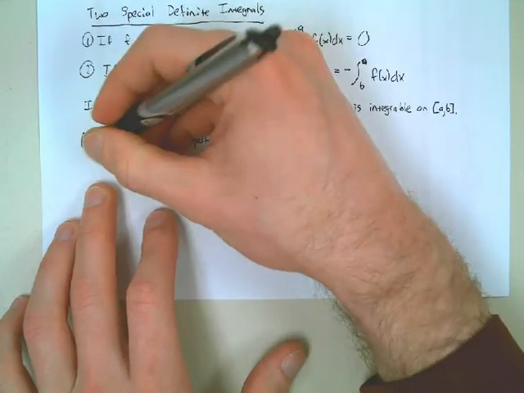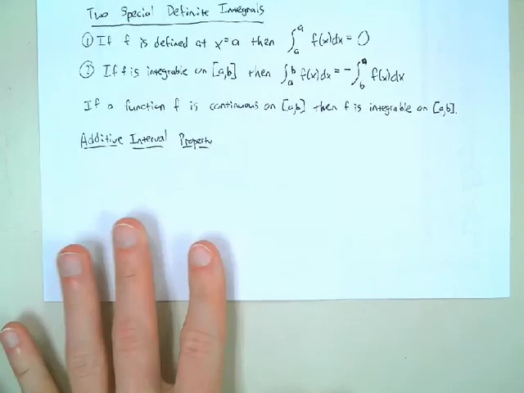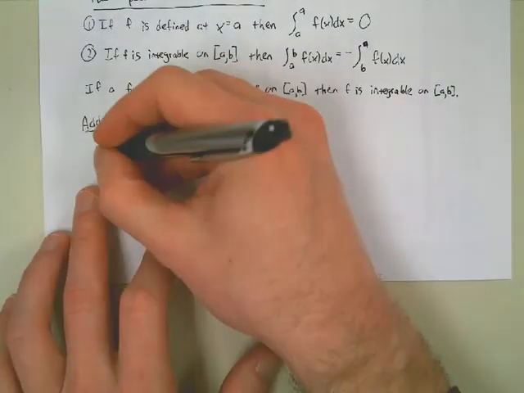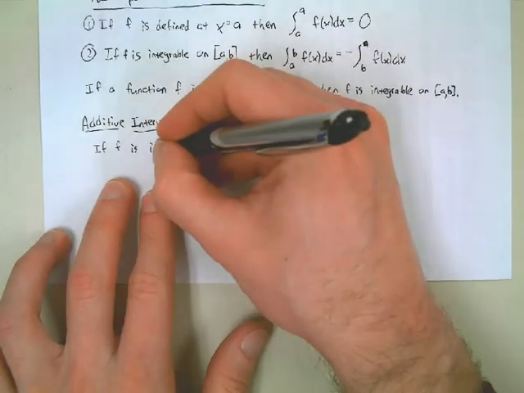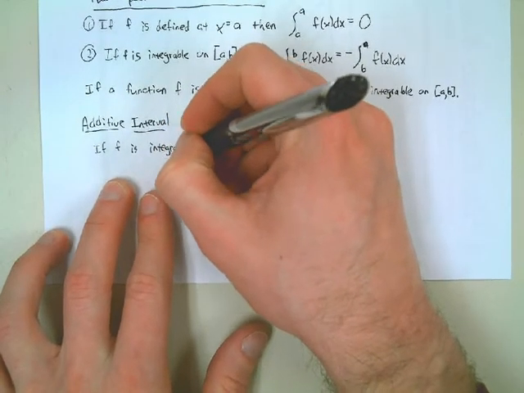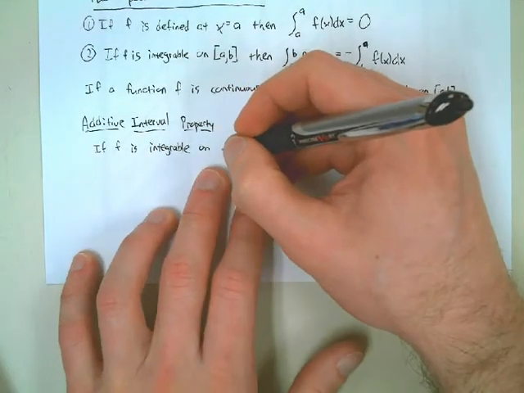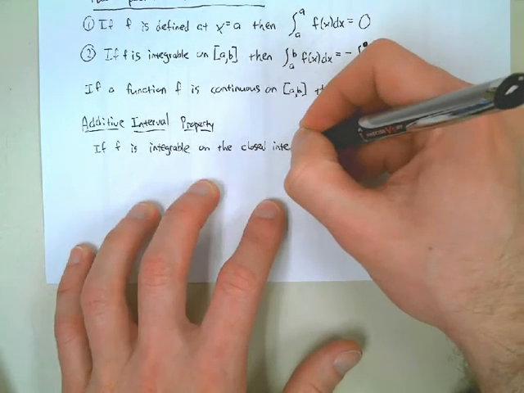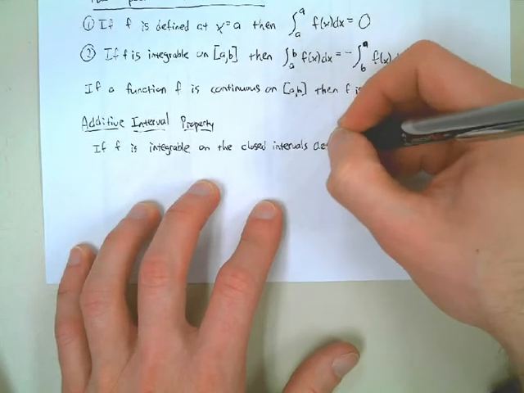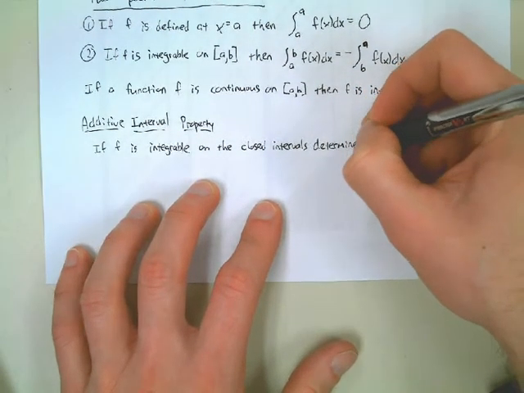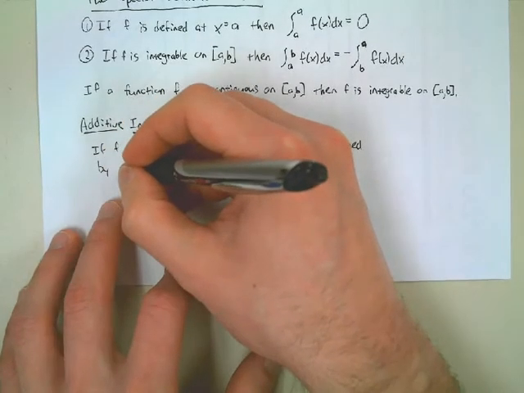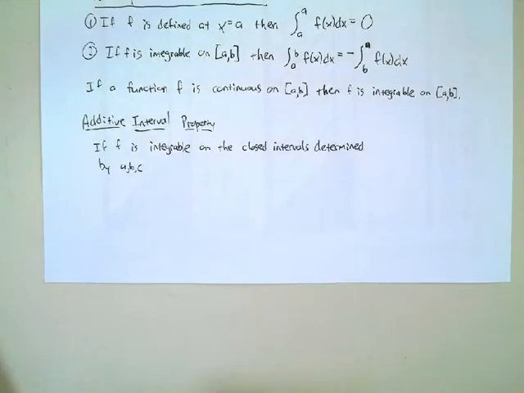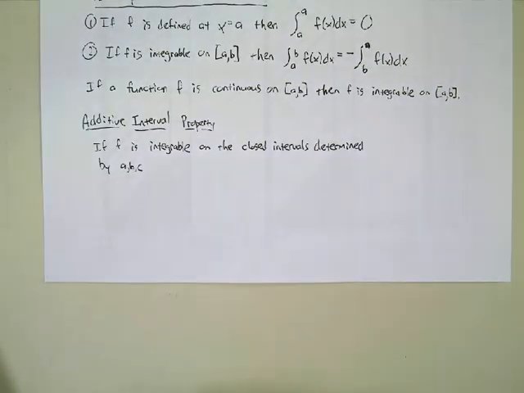Okay, so if f is integrable on the closed intervals determined by A, B, and C, so we have an interval from A to B, an interval from B to C, right? Okay, so that's what I mean by that. Then, the following is true.